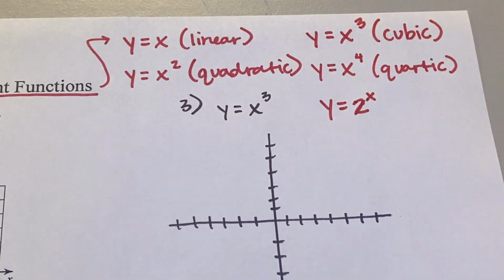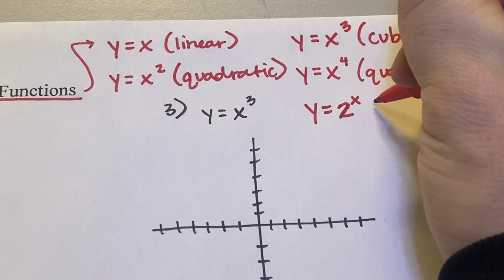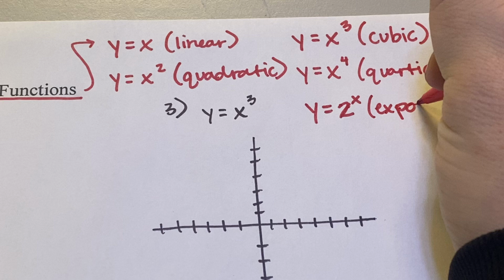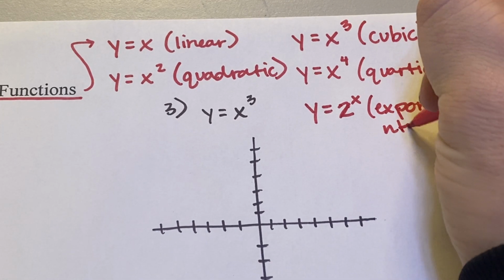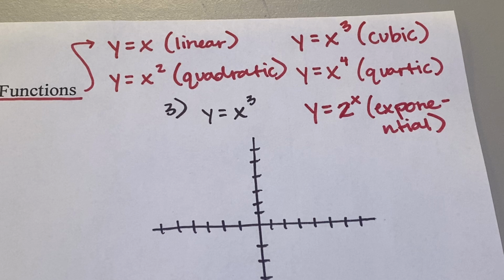Let's say 2 to the x, so something to the x power, where your x is in the exponential spot, and that's why it's called an exponential. Kind of going into number 3's space, that's okay. An exponential function.